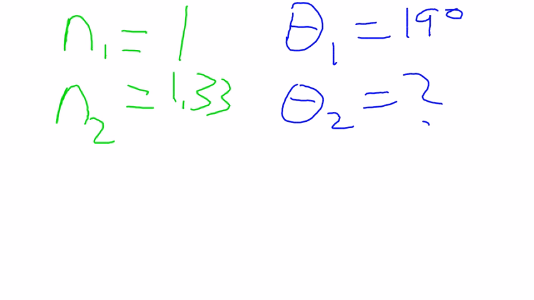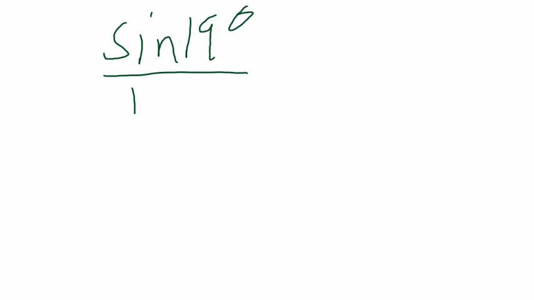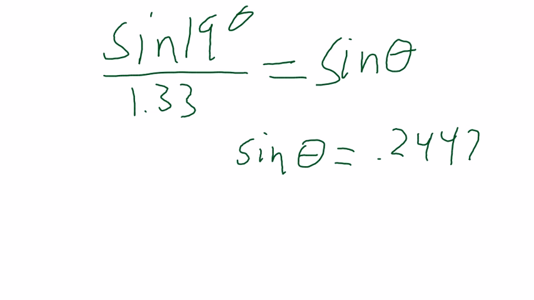So we're going to plug all this into Snell's law, and that is sine of 19 equals 1.33 sine of theta 2. We are solving for theta 2. So we move it over to the other side, and sine of 19 degrees over 1.33 equals sine of theta 2, which is 0.2447.